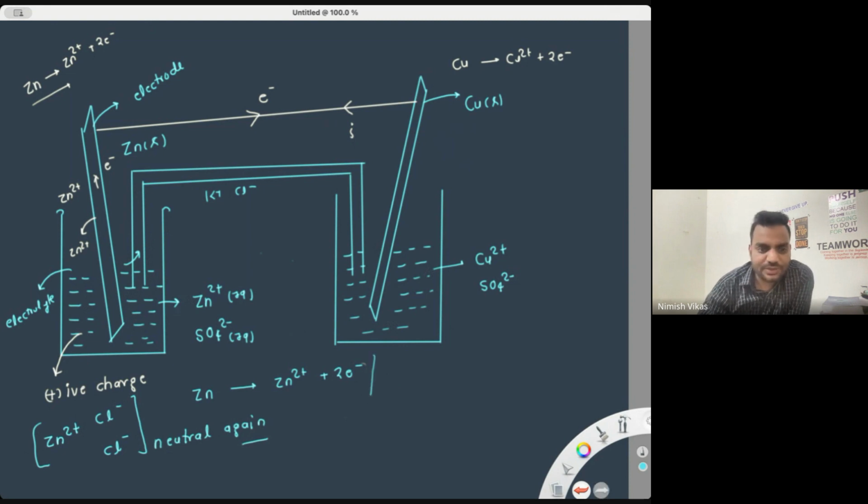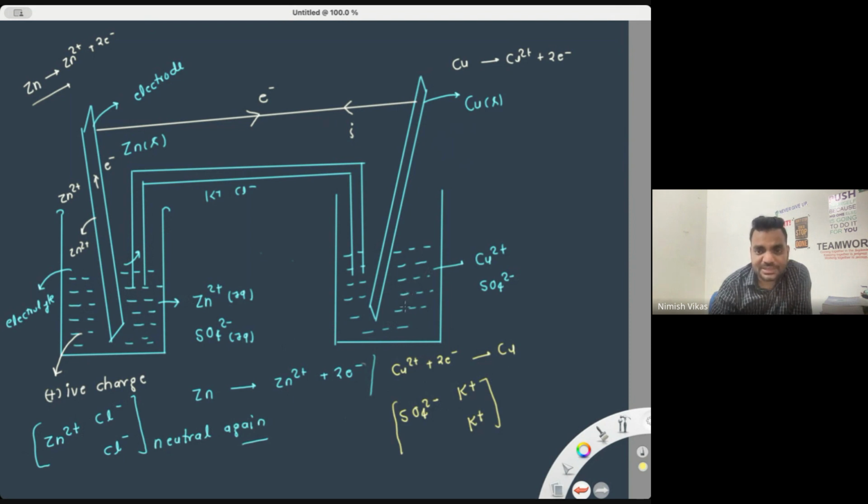Cupric ion was gaining electron and was becoming copper. So we were having extra sulfate ion now. Cupric ion was gone, extra sulfate ion we were having. Now this extra sulfate ion will attract the positive charge from the salt bridge, and 2K plus will come this time, and this side solution will also become neutral.